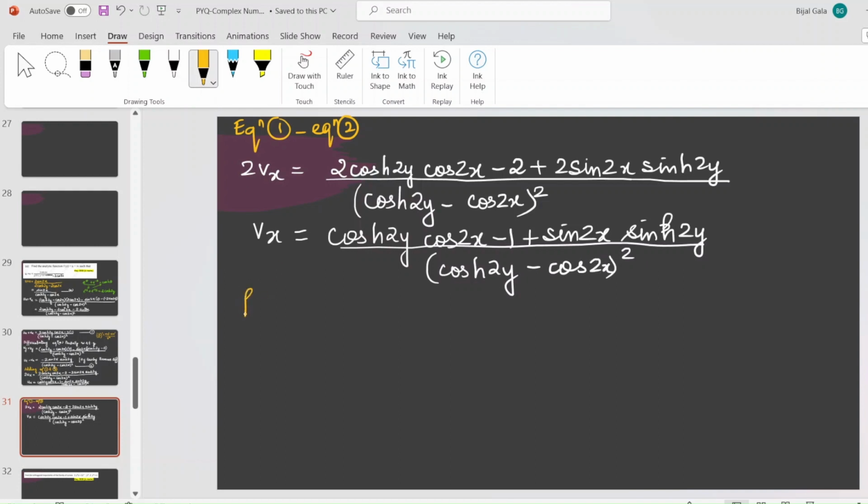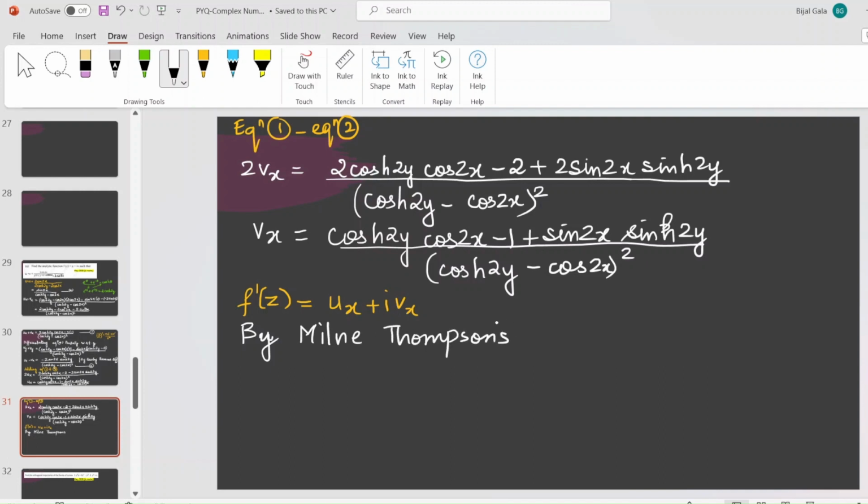Let's go to f dash of z. F dash of z would be ux plus ivx. And when we apply the Milne-Thomson method, we will be replacing x by z and y by 0.